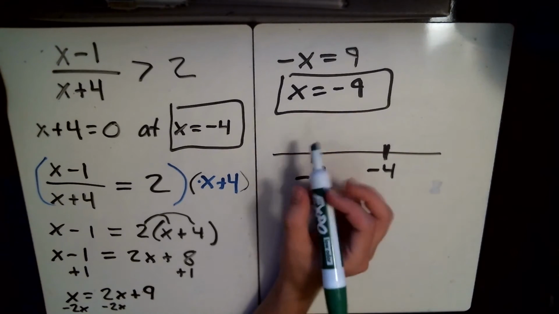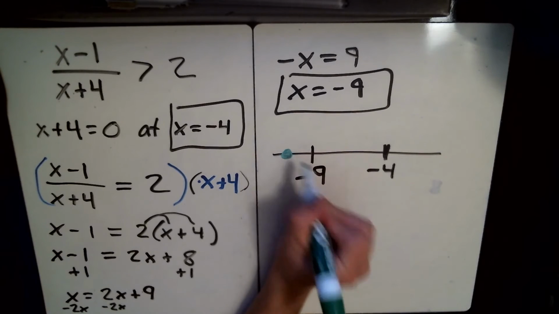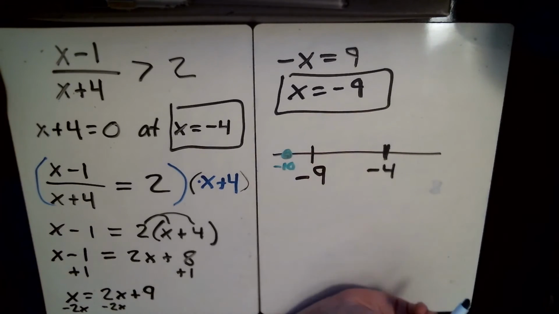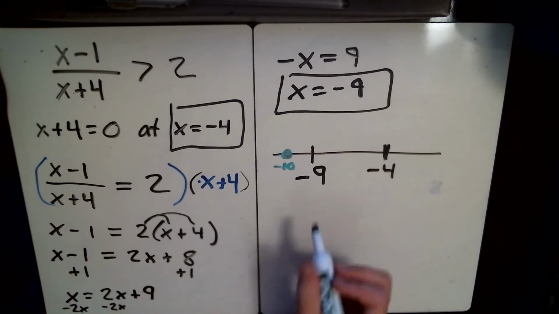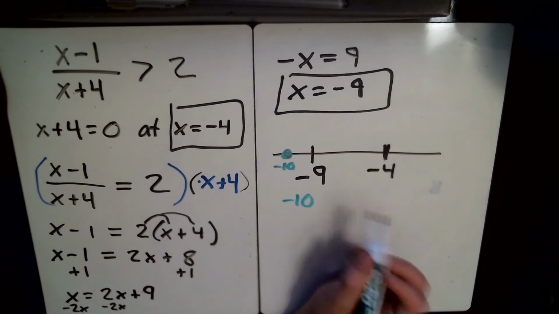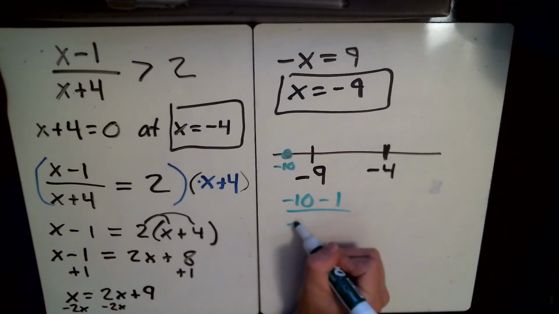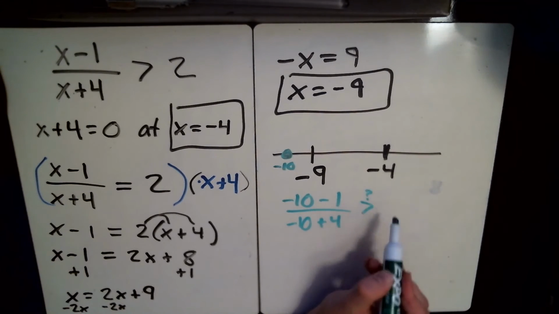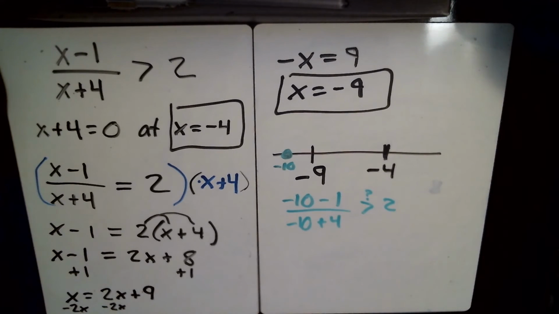So let's try out here to the left of -9. I'll put in -10. So I get -10 minus 1 over -10 plus 4, and I'm wondering, is that greater than 2? Well, let's see. We've got -11 divided by -6.